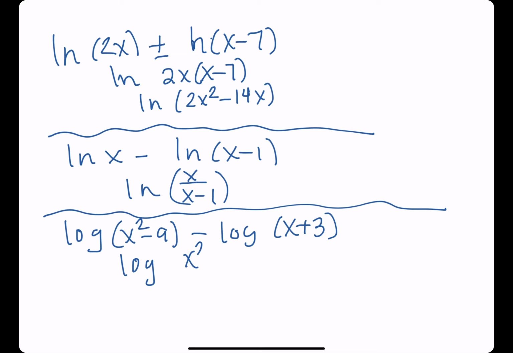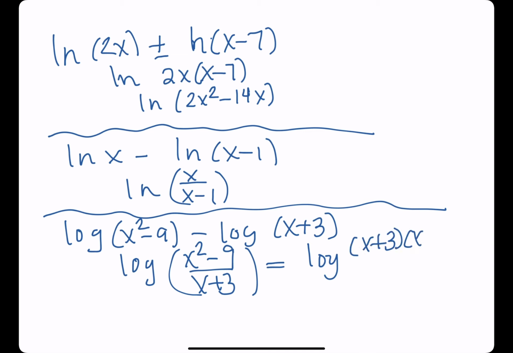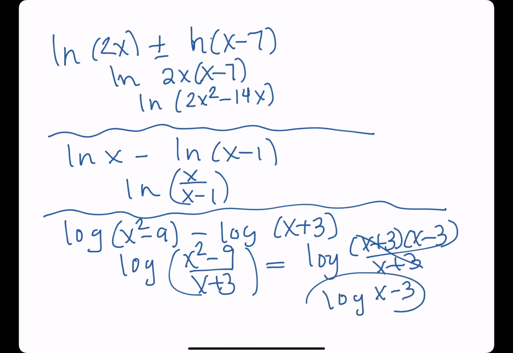So when you put the x squared minus 9 on top and the x plus 3 on the bottom, hopefully you remember that x squared minus 9 factors to x plus 3, x minus 3, and these are common factors, which leaves you x minus 3. So a little fun right there.